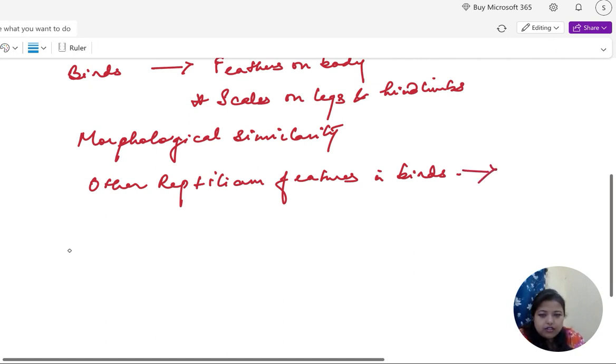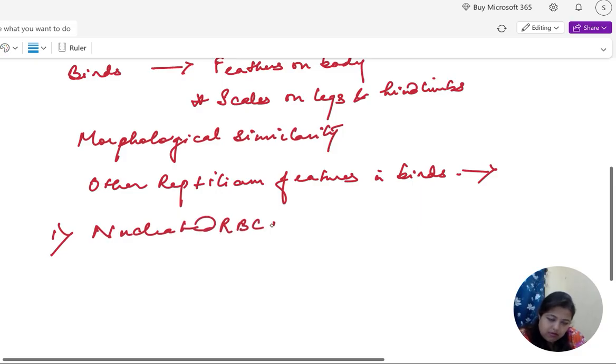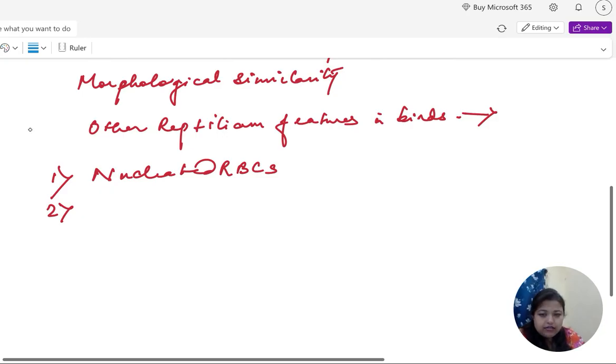Number 1, nucleated RBCs. Number 2, oviparity, egg laying.